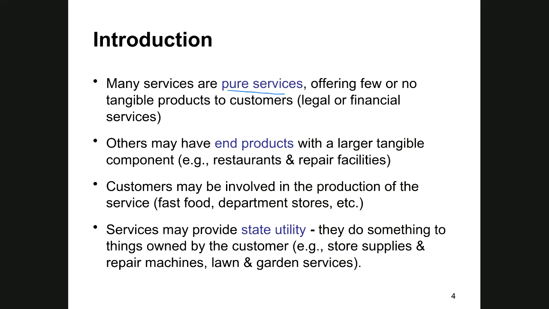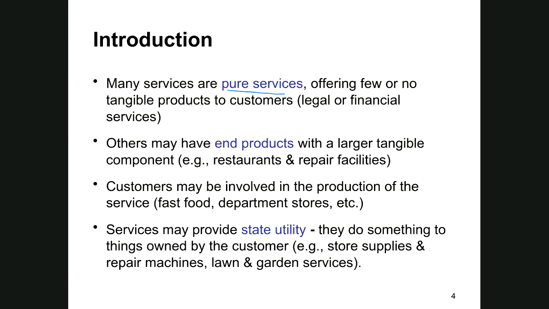Others can have inputs that are consumables, such as restaurants and repairs, and often customers are involved in production. Again, if you think about cafeteria style dining, or a department store, customers serve themselves to a great degree.